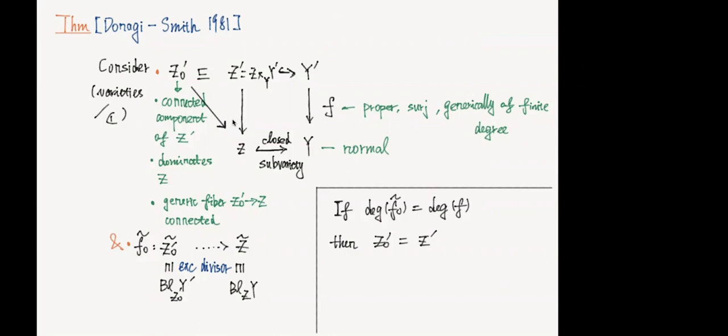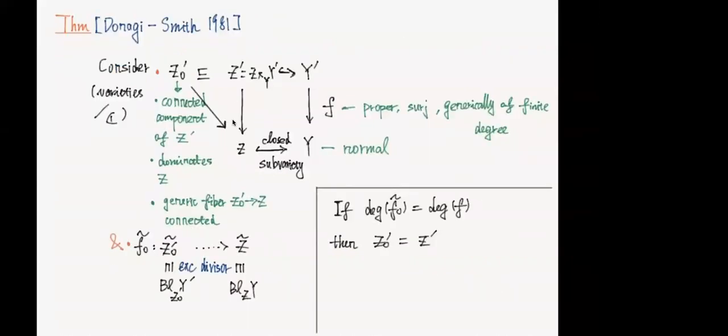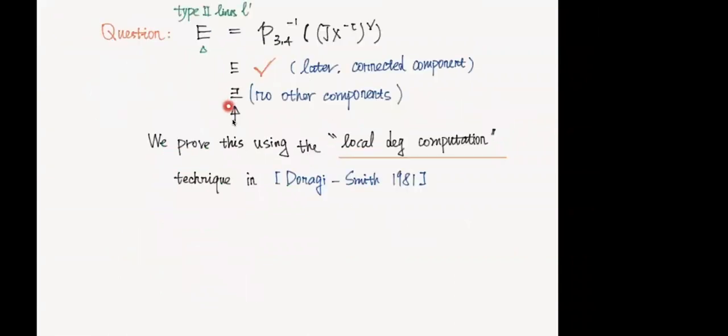Okay. But then we basically use this strategy to prove our result, to prove that there can be no other component.